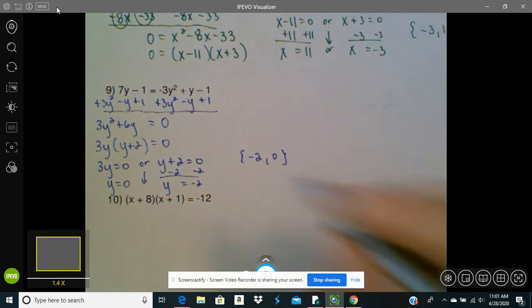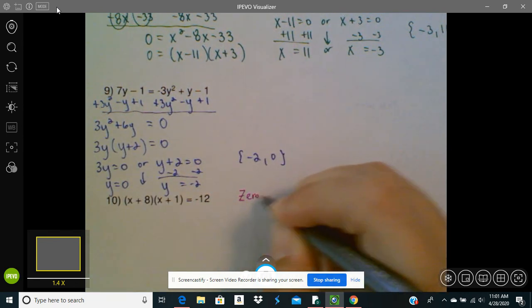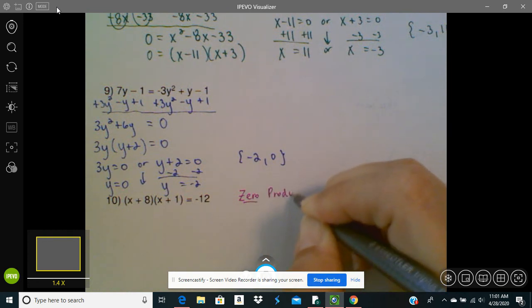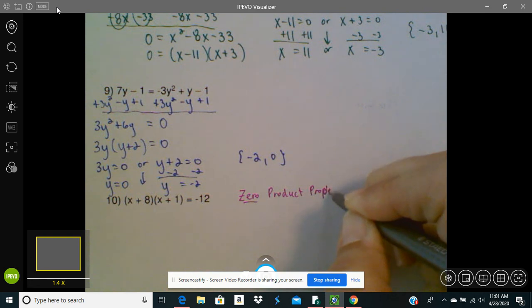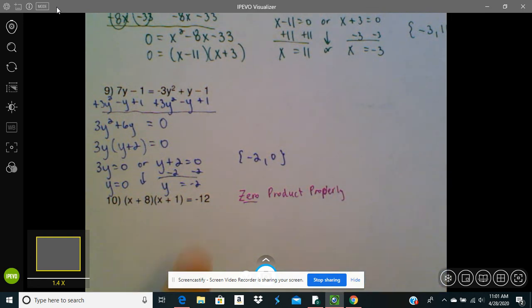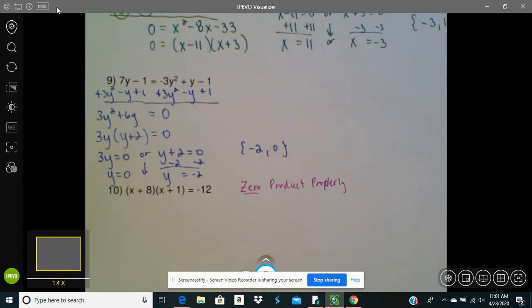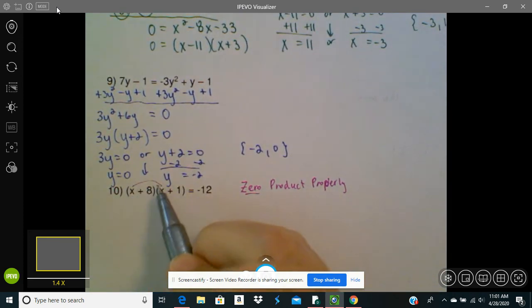Remember, it's called the zero product property. I have a product property, but guess what? It ain't 0, it's negative 12. So I've got to do some craziness first. First, I need to FOIL. So we're going to get x squared plus x plus 8x plus 8, and that equals negative 12.